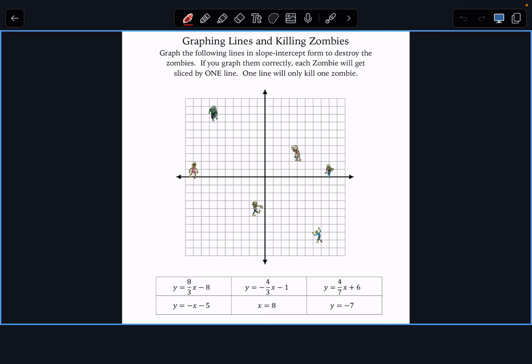And then use your ruler to connect it. Even if it's like his foot, it'll kill him. Oh, did you start at negative 8? Negative 8 is your y-intercept. Okay, start with your y-intercept.